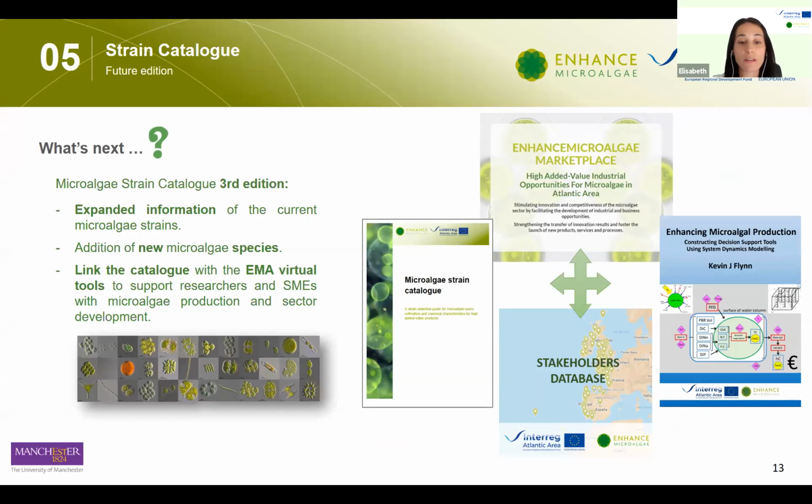And whenever possible, the strains included in this third edition will be linked with the companies or microalgae services listed in the EnhanceMicroAlgae Stakeholder Database, and also with the virtual marketplace.